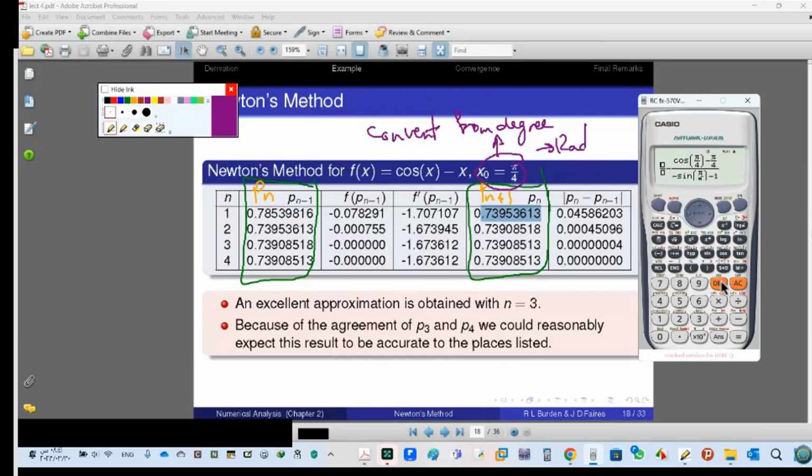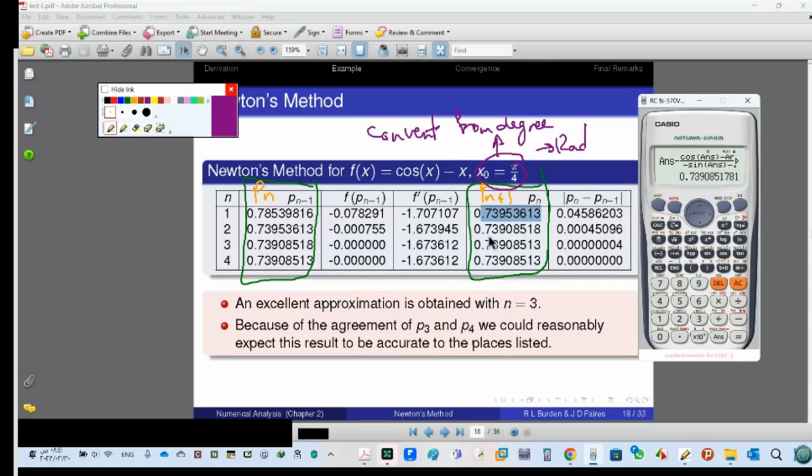Cancel this, write answer minus cosine answer, over minus sine answer minus 1.